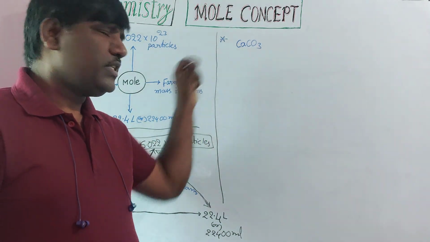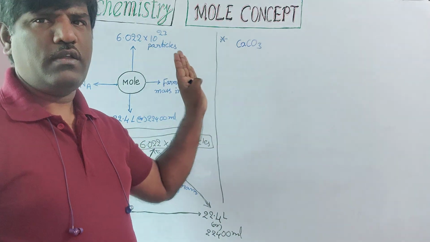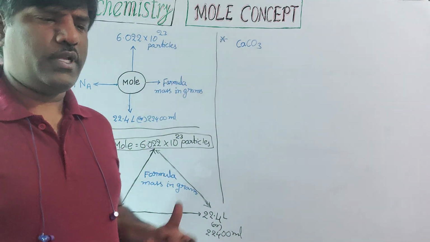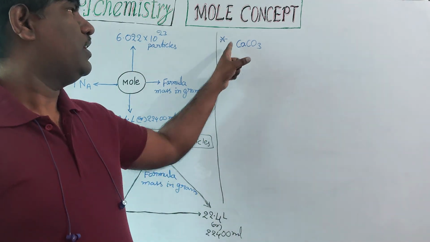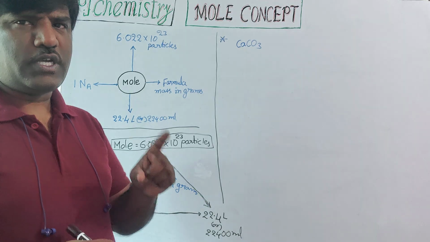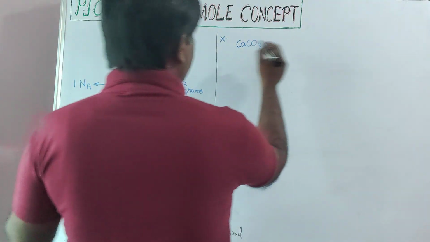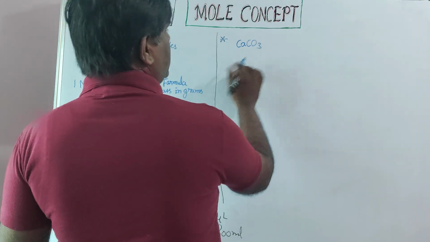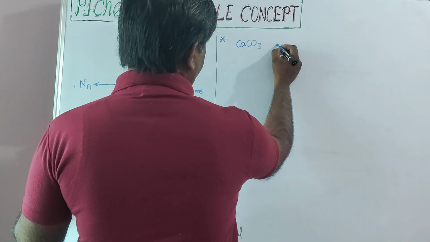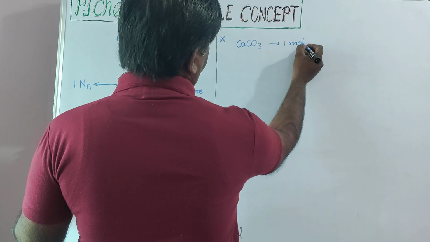Are there any coefficients here? Coefficient means a number beside the formula. Are there any numbers? No. If there is no number, we should consider it as 1 mole. So calcium carbonate, here no coefficient, it is nothing but 1 mole.